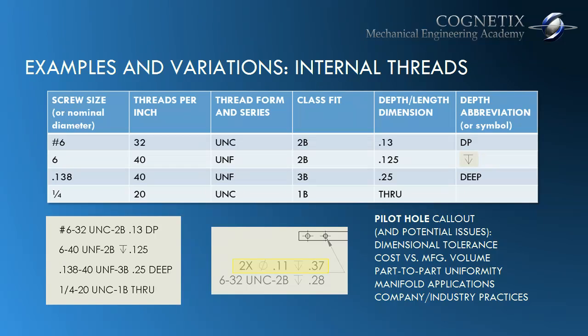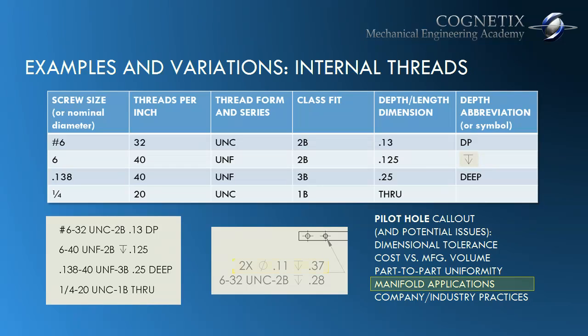Word of caution: if pilot holes are called out in your company, or that is your practice, know that there are dimensional tolerances associated with those dimensions per the title block tolerance block. Pilot holes are usually not called out because the thread is fully defined by the unified standard, simply by calling out size, pitch, class, fit, etc.